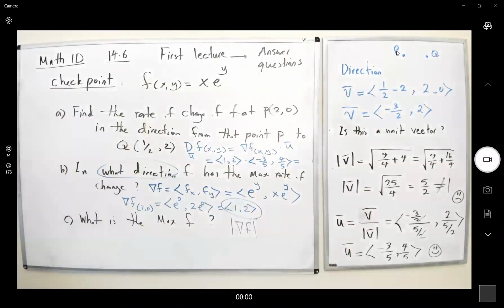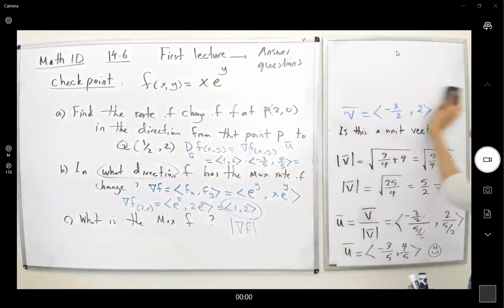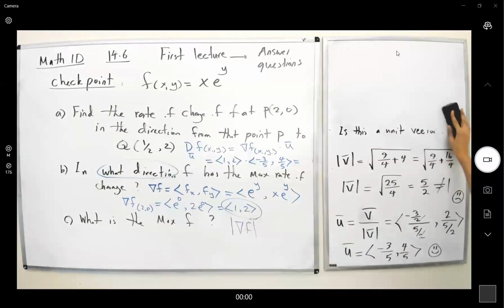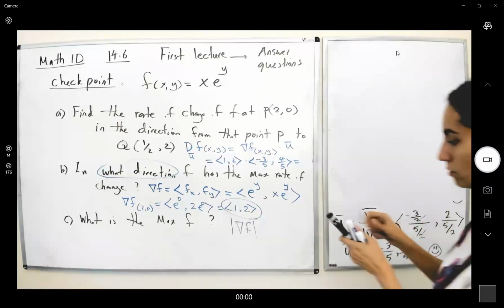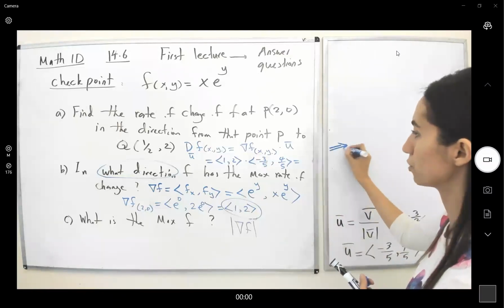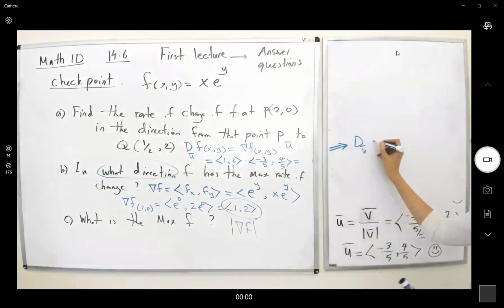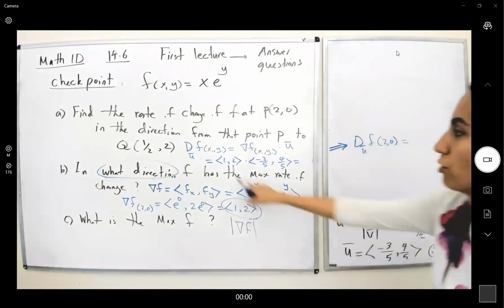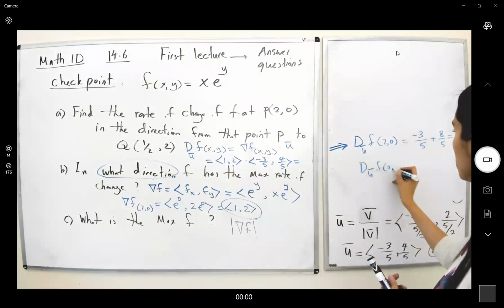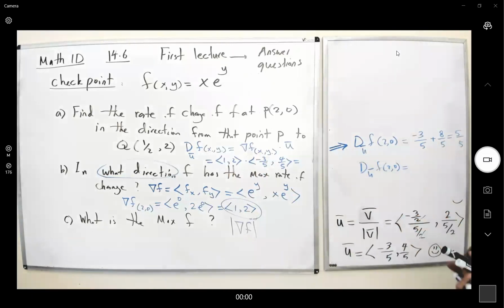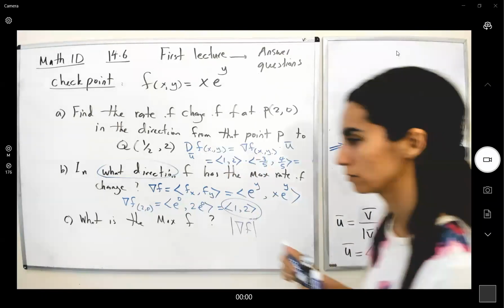I need more space. So here you get, at (2, 0), negative 3/5 plus 8/5, 5/5, so the directional derivative, the rate of change of the function in the direction of u, is 1. Just double checking my product, it is equal to 1.